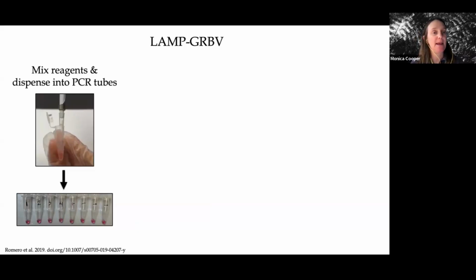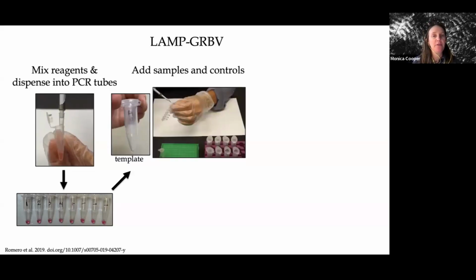Okay, so once you have your template ready and you've collected your samples, you're going to be ready to conduct the assay. That means you're going to mix your reagents and dispense them into the PCR tube. That includes your primers, your distilled water, and your master mix, which is used to elicit the color change. After you have your reagents in your PCR tubes, you will then take the templates, which are your samples, and add those to each of the individual tubes.